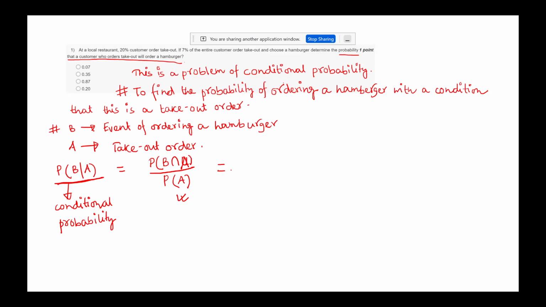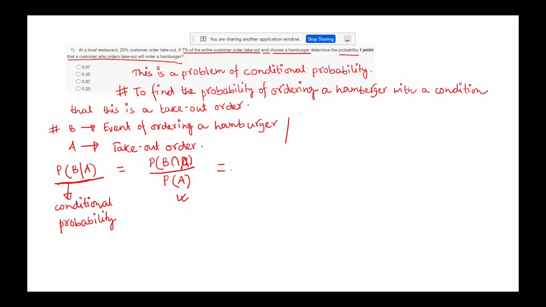So it is pretty simple, right? We know the other probabilities, because the probability of ordering a burger and also ordering takeout is given, as 7% of the entire customers order takeout and choose a hamburger. So first, determine the probability of takeout orders.